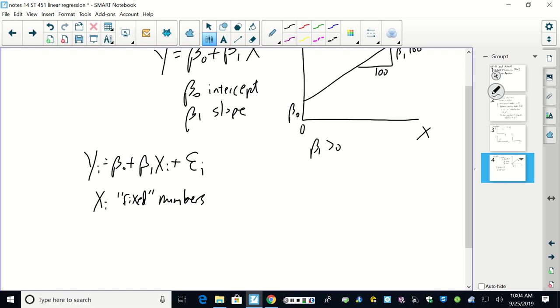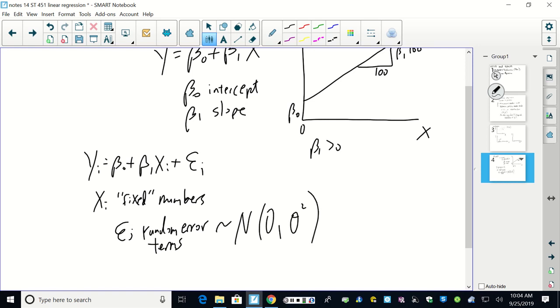You might say that we condition on them, or we observe them, but then we're not going to look at them as random variables. The ei's are random error terms, and they're going to be distributed as normal random variables with mean 0 and variance sigma squared in the standard model.